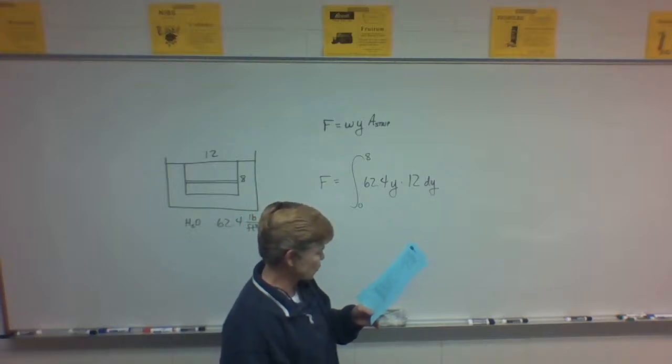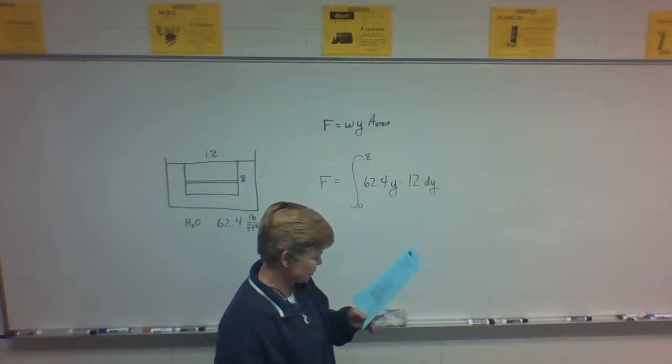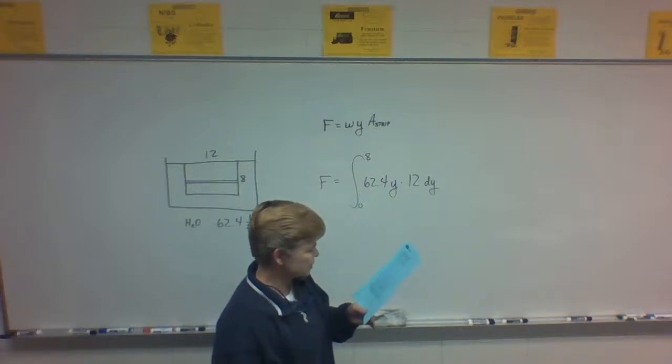If the substance has a weight density of, and it gives you that number in pounds per cubic foot, what is the total fluid force against the surface of the plate?